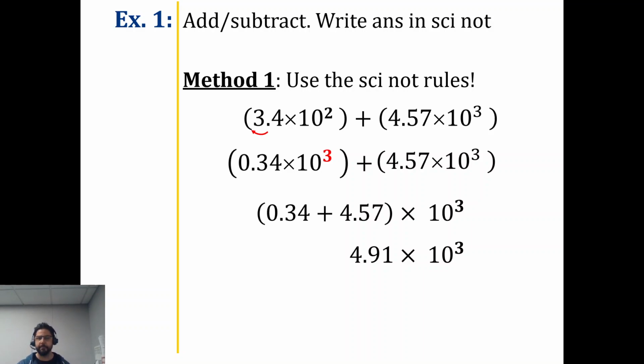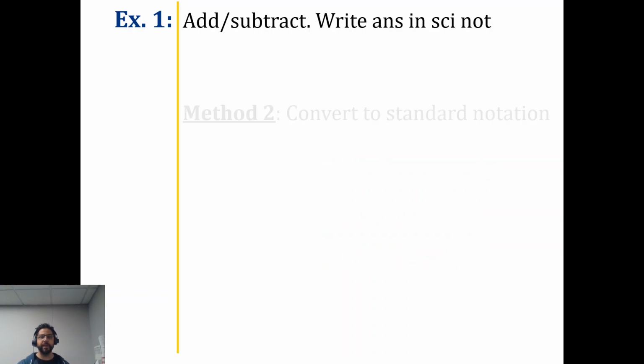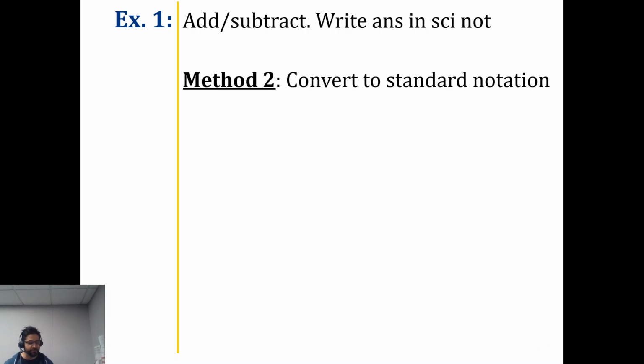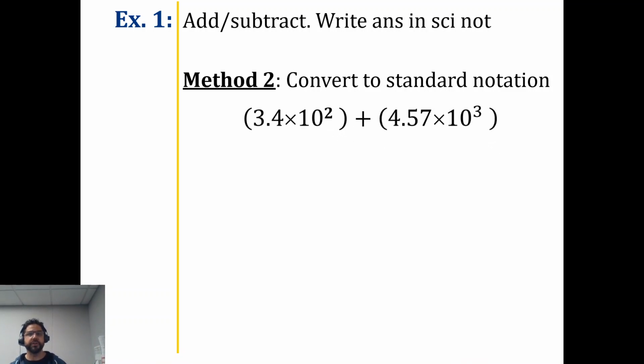Now, if you didn't like that method, then we have method number 2 for you. Method number 2 is saying, if you're not the greatest at the operations for adding and subtracting, because it's actually more challenging than multiplication and division for scientific notation, go ahead and change your numbers. Remember what we did at the very beginning of scientific notation, when we practiced writing scientific notation in standard notation.